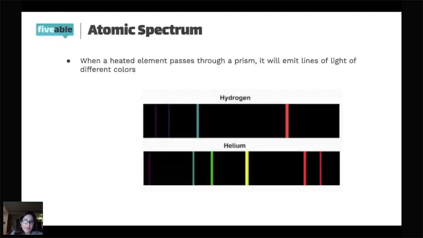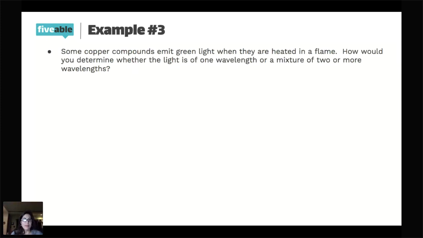It works as a fingerprint of the electrons. Applications of this are, for example, fireworks. When you see fireworks of certain colors, it is because the gunpowder is mixed with metals and they emit certain colors. For another example, some copper compounds emit green light when they are heated in a flame.